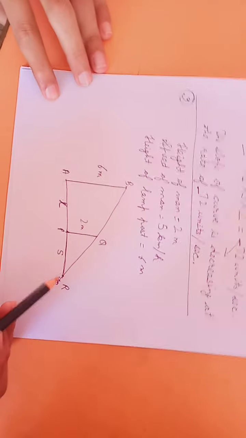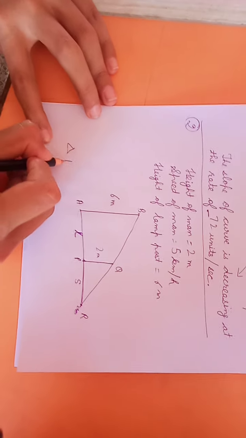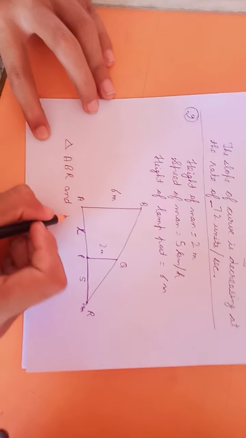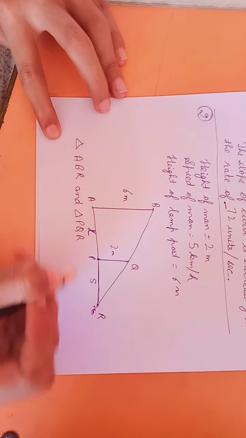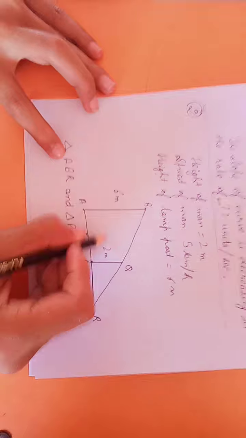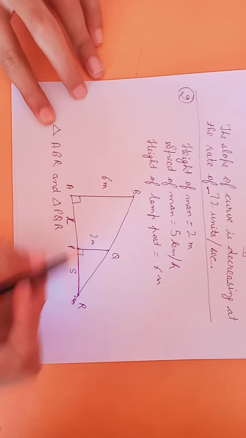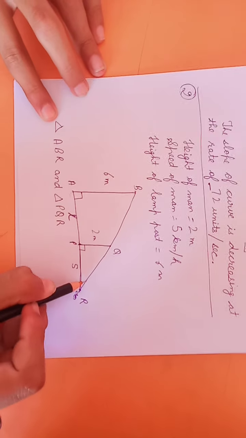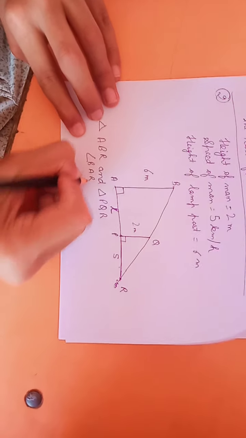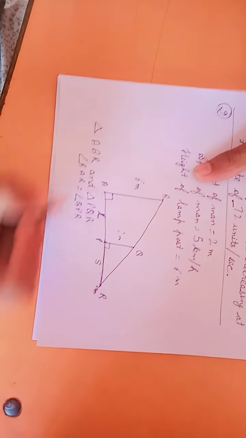Now you can see that two triangles are formed here. First triangle is ABR, this complete triangle, and triangle PQR. Now you can see that both these triangles are similar. How are they similar? This angle is equal to this angle, and this angle is common in both. So now you can write angle BAR is equal to angle QPR.